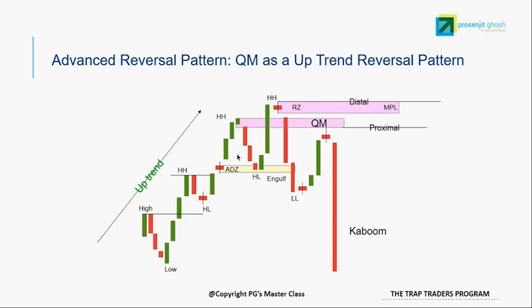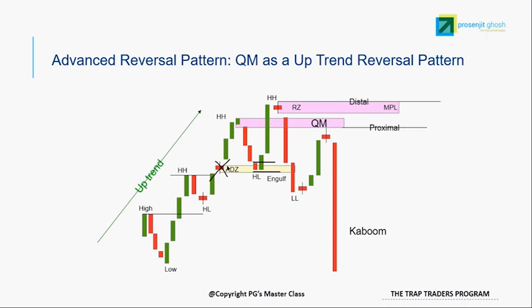You mean to say that there is no authentic zone? If there is no authentic zone, then the higher low will itself be an authentic zone, if there is no zone here. If there is no zone, then the low itself will be an authentic zone, so that needs to be engulfed.